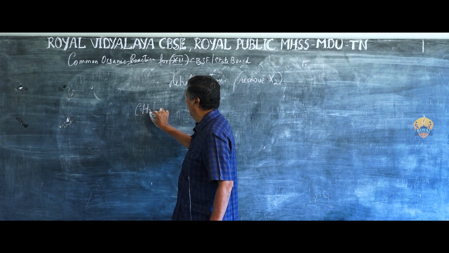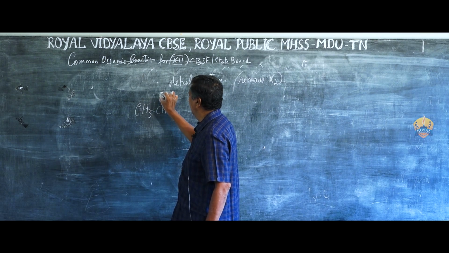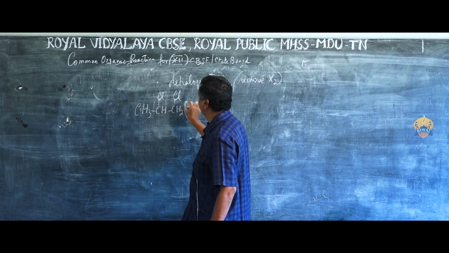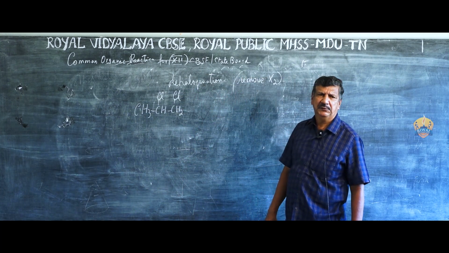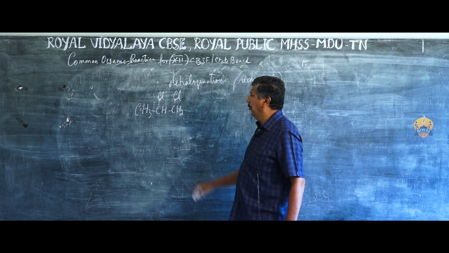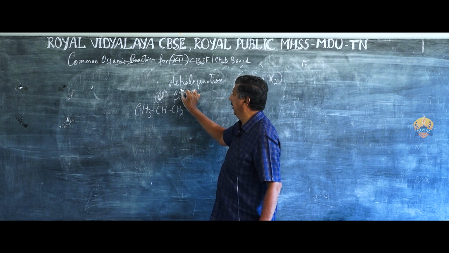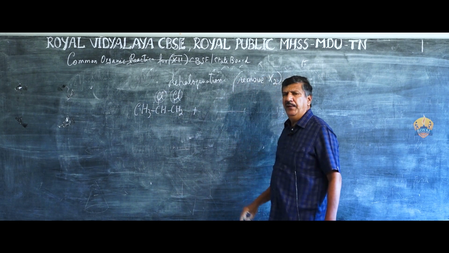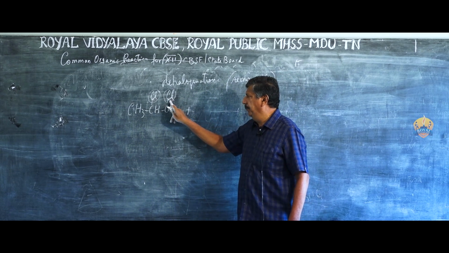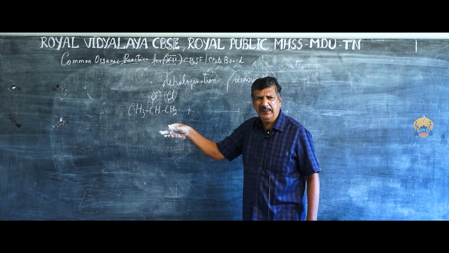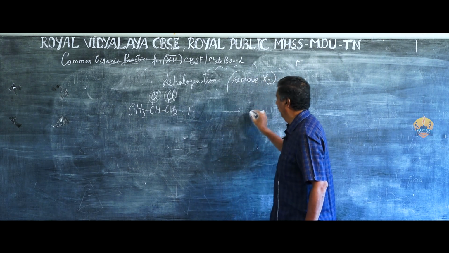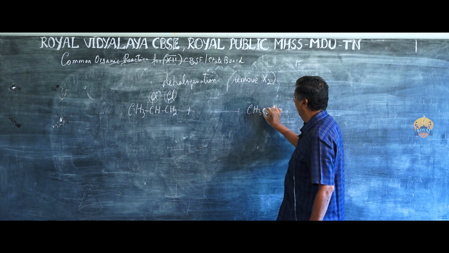I am writing an example for this, like this. I want to remove these two Cl. But you know the product. When you remove these two Cl, what do you expect? Sir, there will be a double bond here. Okay, I am creating the double bond.